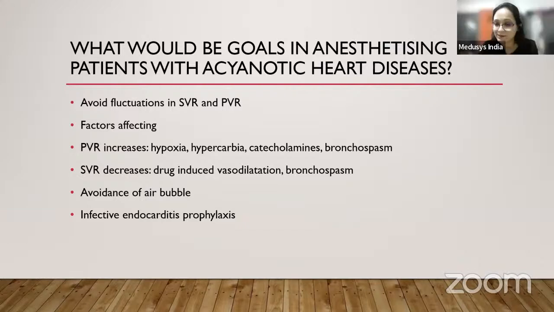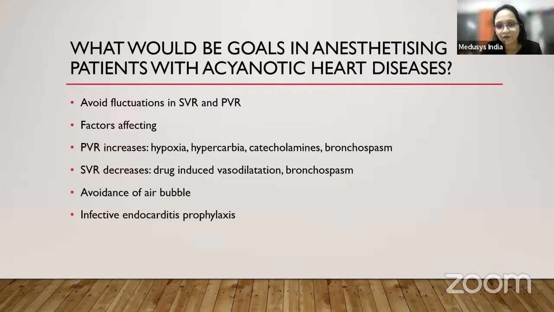Yes, that means isomerization. Cyanotic, yeah, correct. And if the condition is the other way around, like if PVR is too low, the reversal of these resistances can trigger the shunt flow to increase too much. So we actually want to avoid any fluctuations in SVR and PVR.